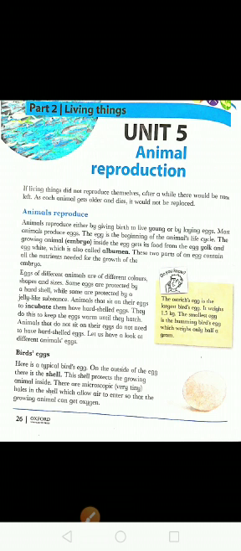On the outside of the egg, there is a shell. This shell protects the growing animal inside. There are microscopic, meaning very tiny, very small holes in the shell which allow air to enter so that the growing animal can get oxygen.